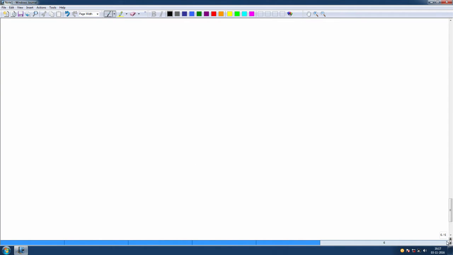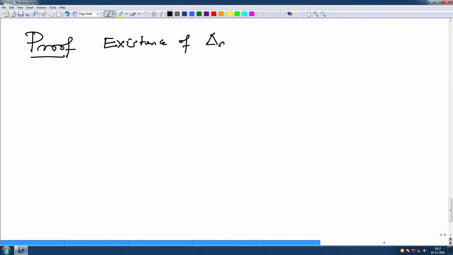Okay. So, proof of the theorem: existence of delta V. This should be an alternating map from V^n to k with delta V on V1 to Vn equal to 1.